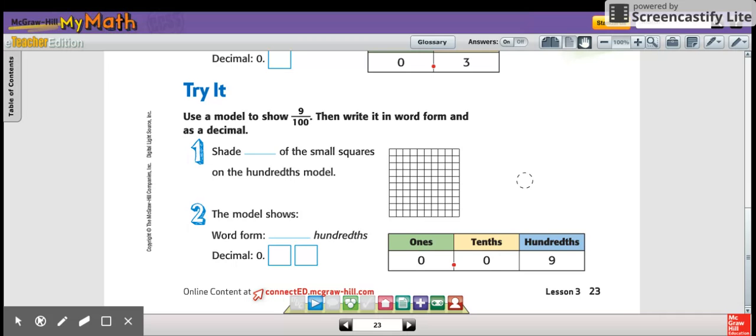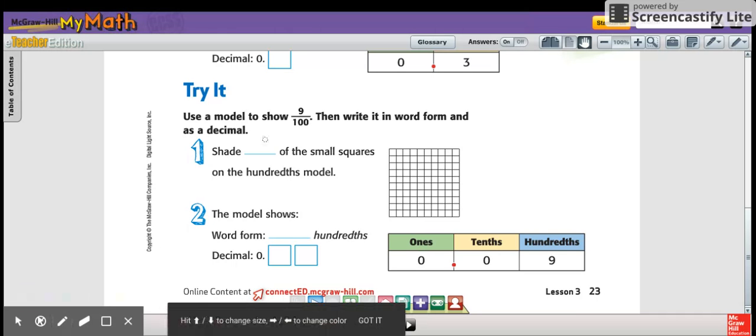So if we're going to write 9 hundredths, we're going to shade in 9 of the small squares on the hundredths model.